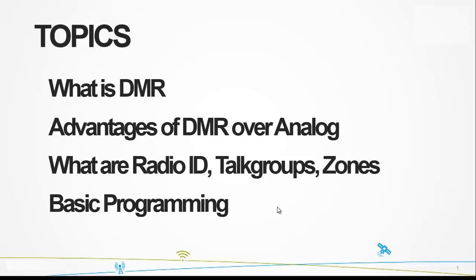There are a lot of features that DMR can offer, more than 100 I think, but these are the main features that define DMR over analog and other systems: the talk groups and the zones, and of course the radio ID. And also we are going to talk about basic programming in order to appreciate what these talk groups and zones are.